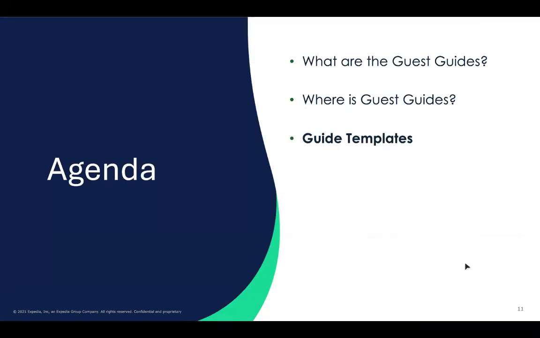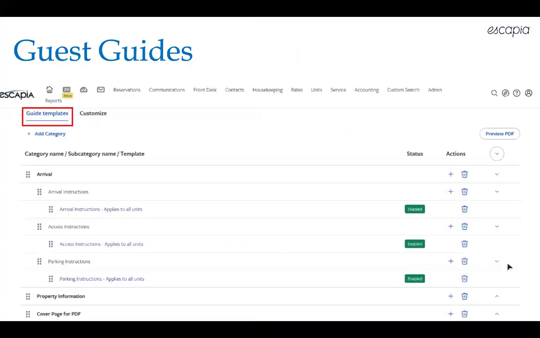Next, we'll take a look at guide templates. In the guide templates section, you'll be able to add a category. You will see two available actions where you can delete a category, subcategory, or template, or add a subcategory.